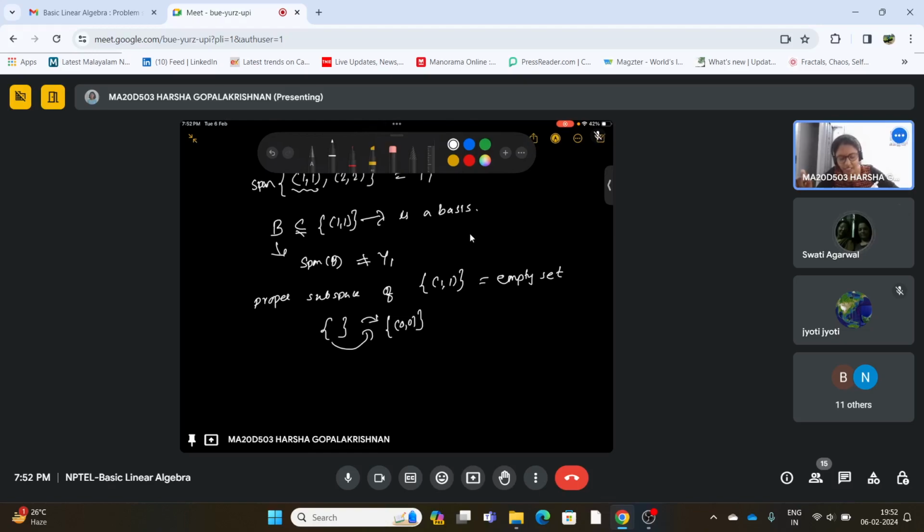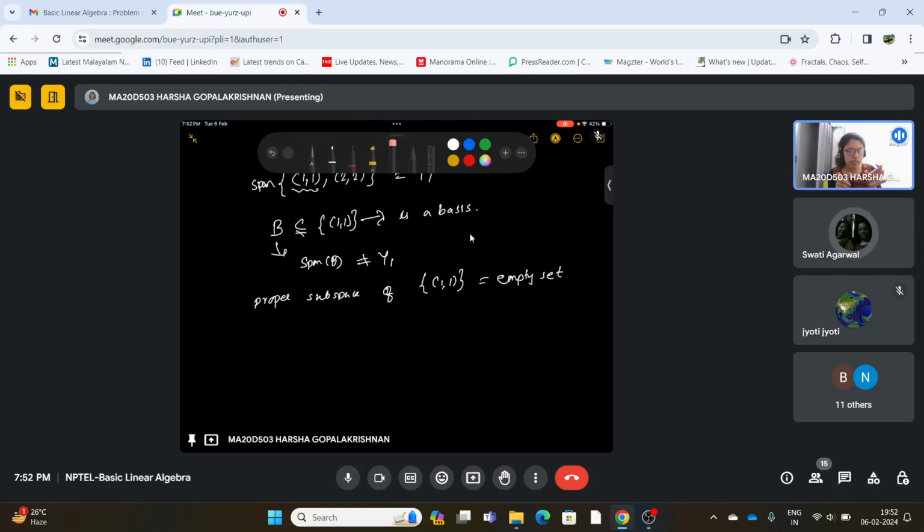Anyhow, it is not going to generate whole y1, because there is no element which generates y1. The empty set does not have an element which can generate whole y1. So (1, 1) is needed. It's essential to generate y1, at least one element.